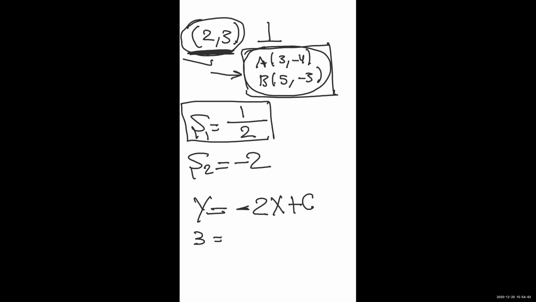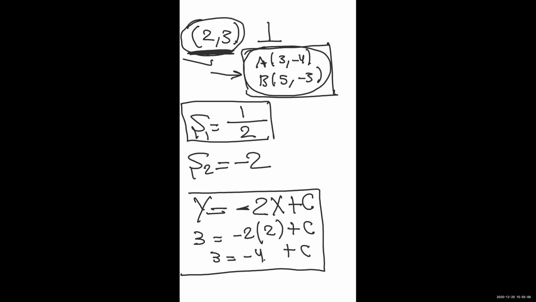So 3 will equal negative 2 times 2 plus c, so 3 will equal negative 4 plus c. I will shift the negative 4 to the other side, so c will equal 3 plus 4, so it will equal 7.